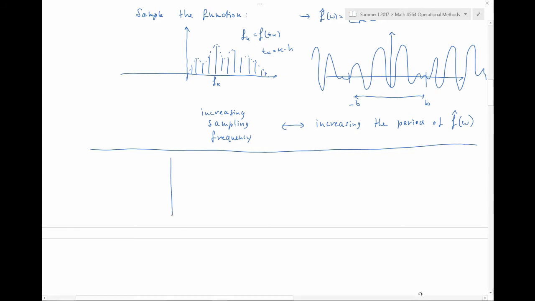So suppose I have a function on the interval 0 to L, and I sampled it with my samples fk. That created a periodized spectrum of the function.